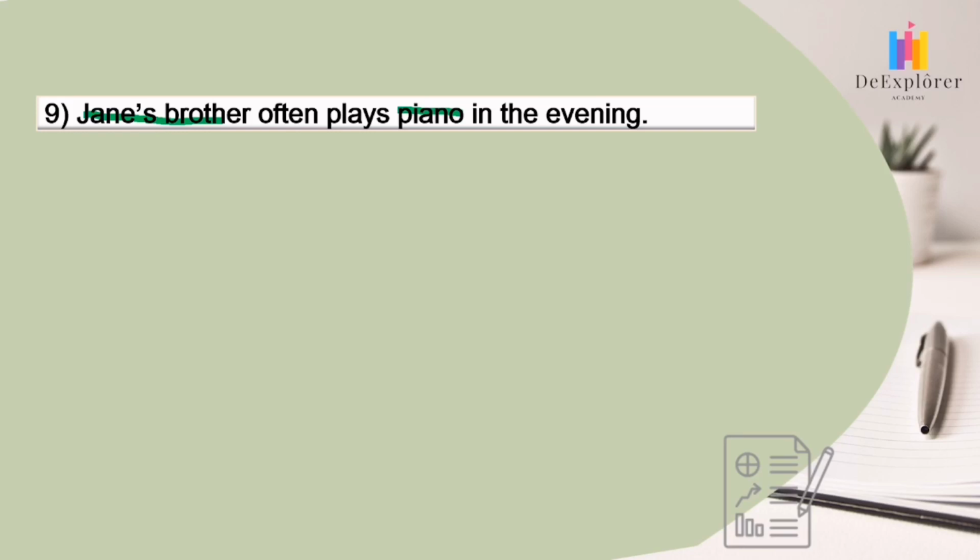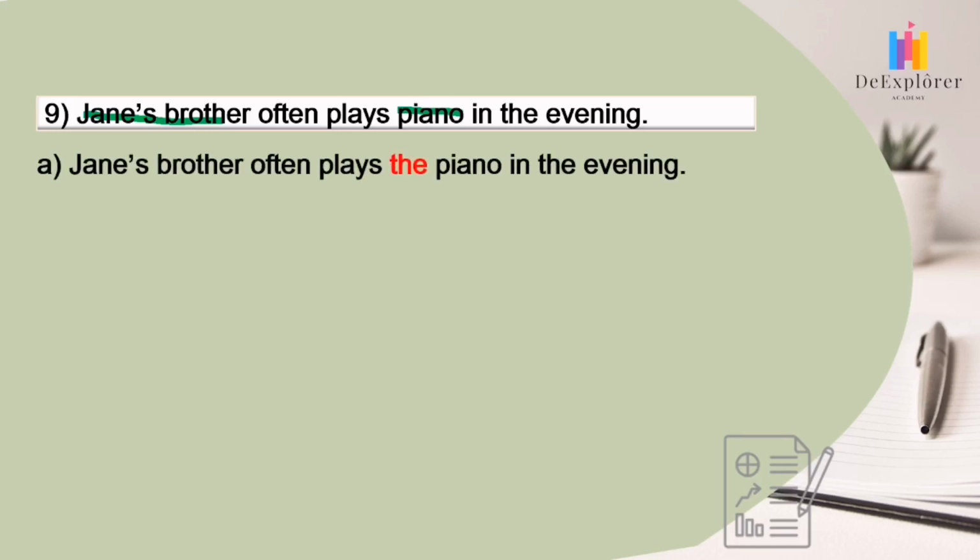The word Jane is a proper noun, so we don't use any articles in front of a proper noun. Often plays the piano in the evening. For musical instruments, you will have to use the, like the guitar, the piano, the violin.